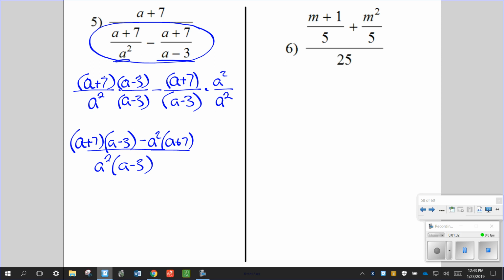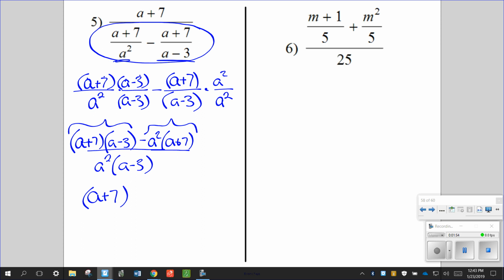So in the numerator, you'll notice something. We have both terms, this one and this one, both have the a plus 7 term. And if you remember when we factored by grouping, that means that we can factor that out. So we can leave the a plus 7 factored out here.